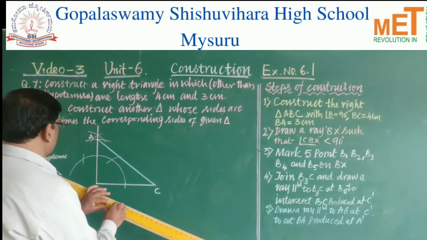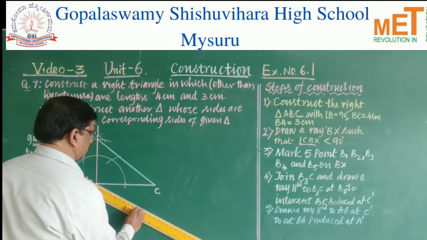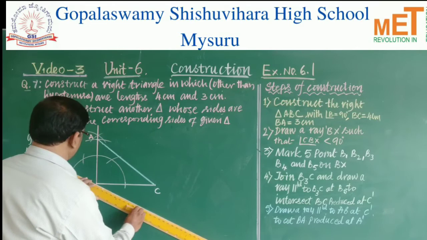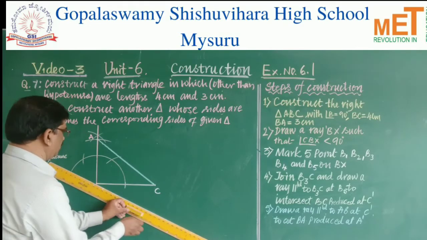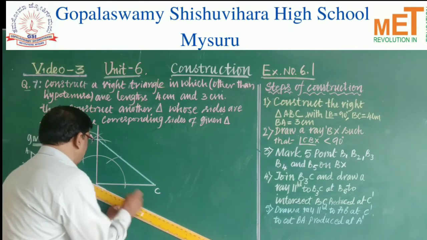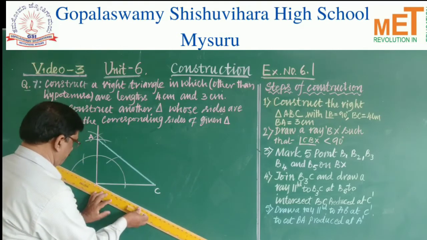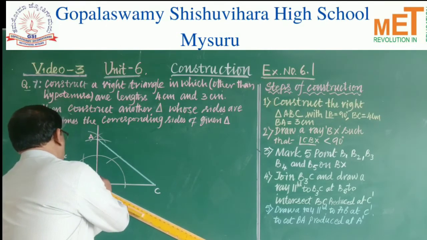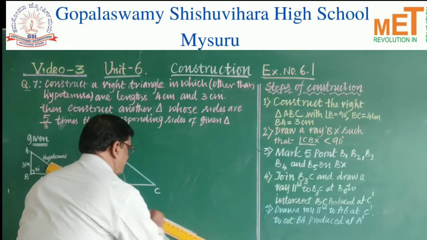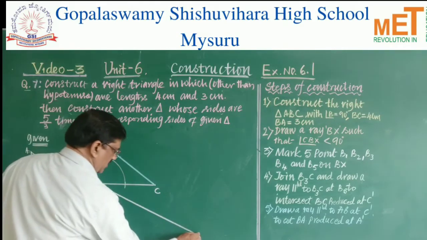Construct an acute angle on the other side of A, as usual we have done in the previous sums. Name it as X.